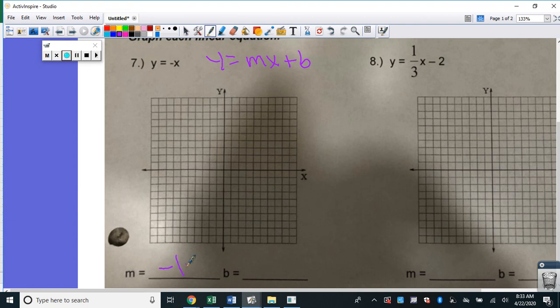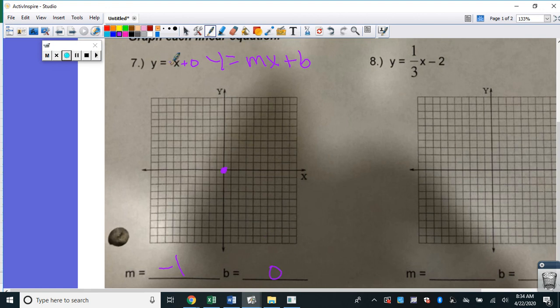So that's our slope, negative 1. Now the b, we don't see that part, and that's because the y-intercept is just at 0, 0. So instead of writing y equals negative x plus 0, you can just leave that part off. So the y-intercept is actually going to be at 0.